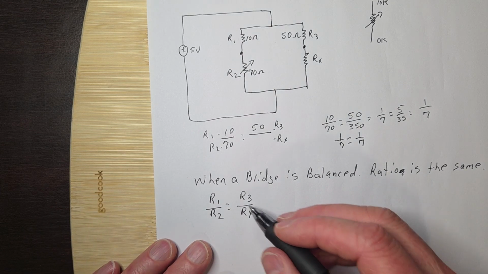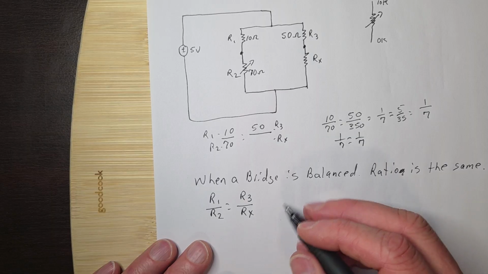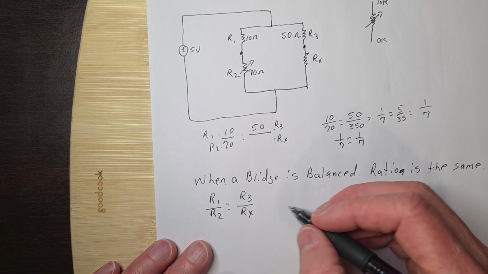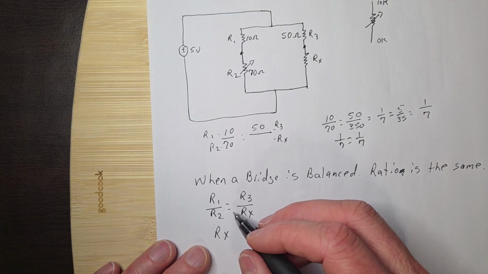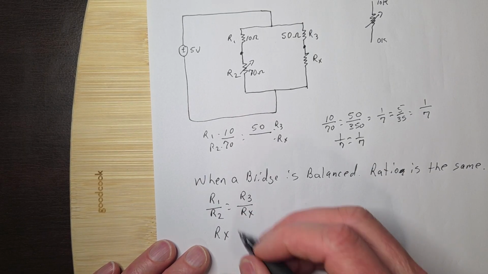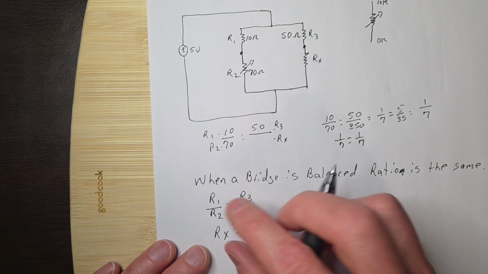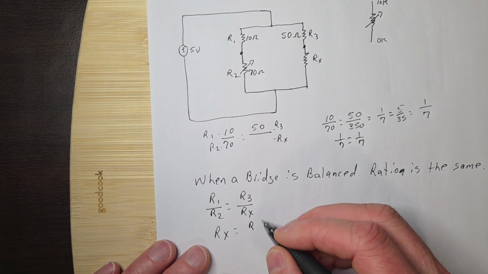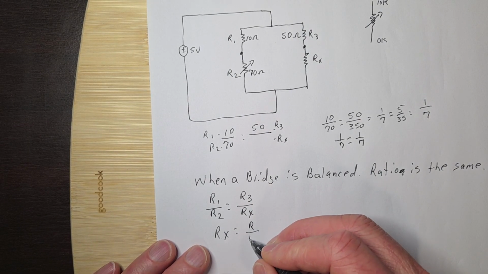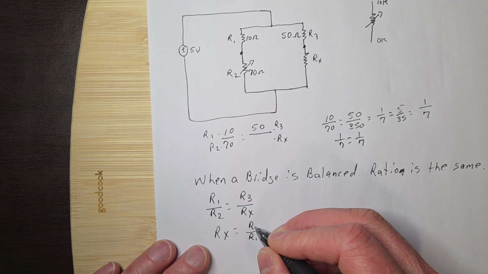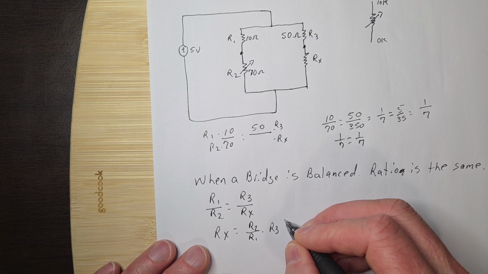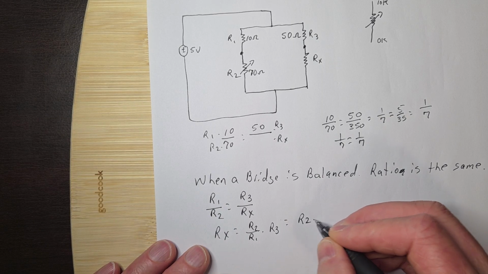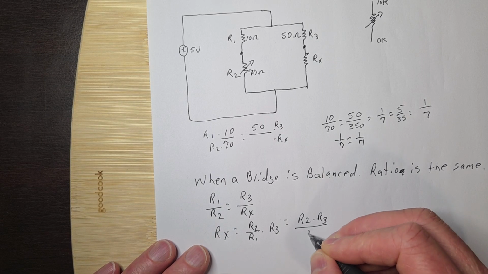So what that means is, to solve for Rx, all I have to do is use some algebra. Rx would go over here, and then we'd flip this, and it would be R2 over R1 times R3, which is really equal to R2 times R3 over R1.